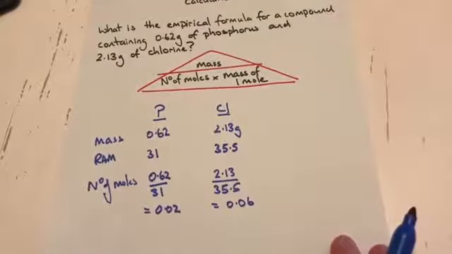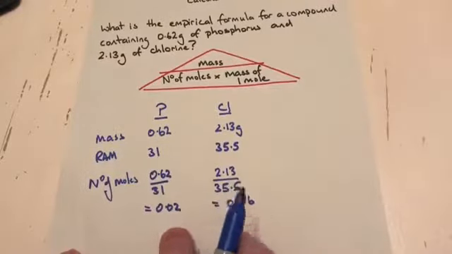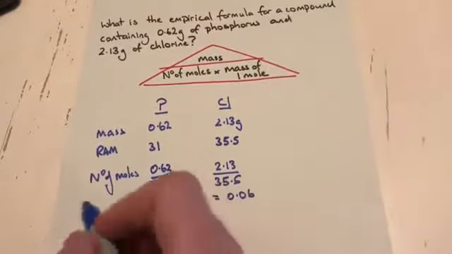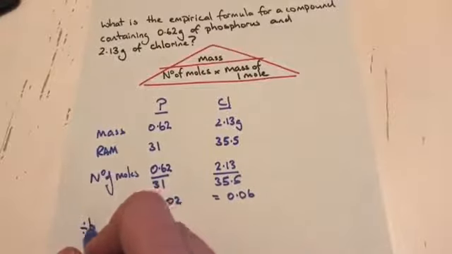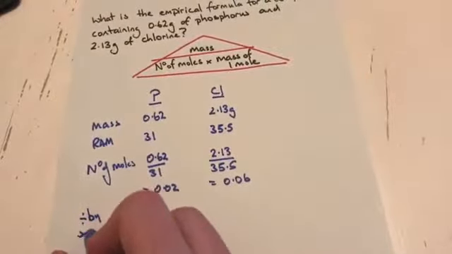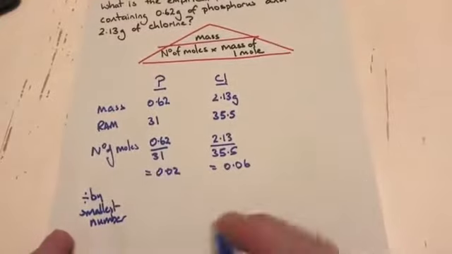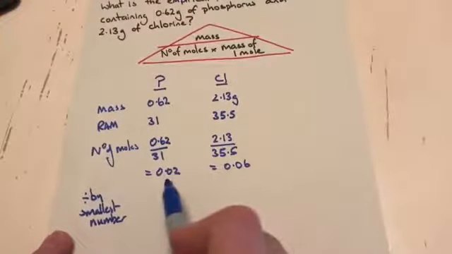So now we've calculated the number of moles. What we have to do to get these into whole numbers is we divide by the smallest number. So our next step is divide by smallest number. Okay, so the smallest number of these two numbers here is 0.02.